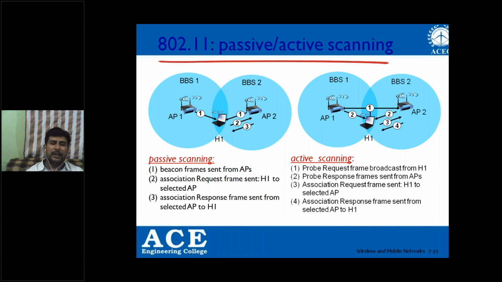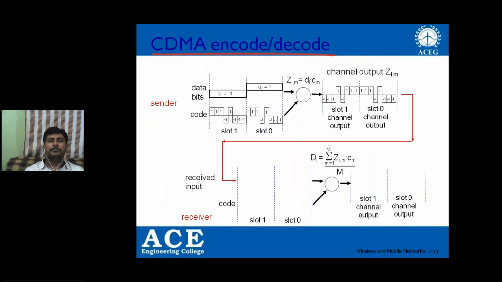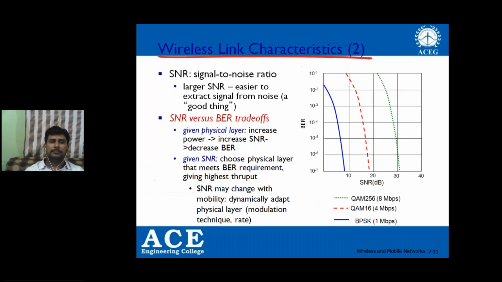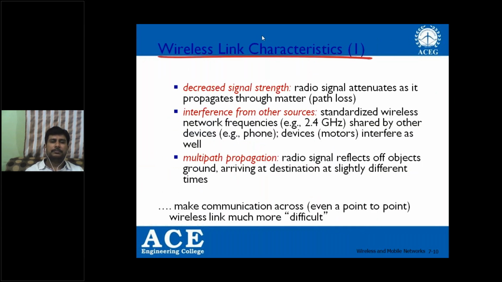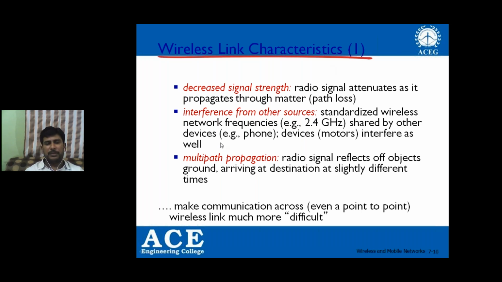Then we had a discussion on decreased signal strength, interference from other sources, multi-path propagation, and then comparison of SNR with BER.